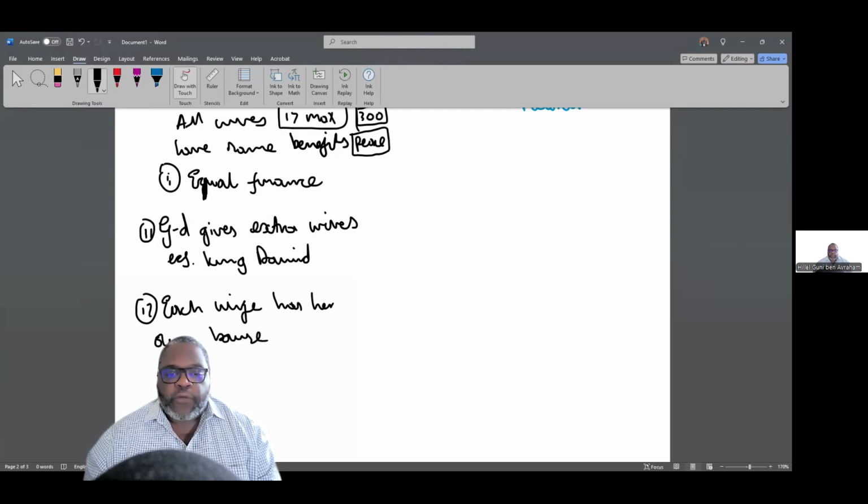So if you marry four women or five women, you're going to build how many homes? You're going to build four houses. All these houses are going to be the same size, same style.